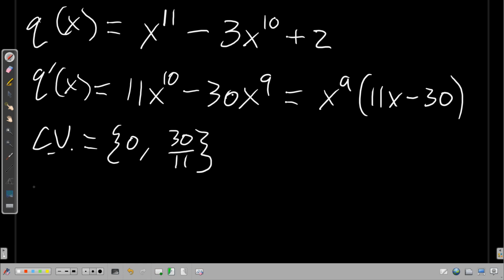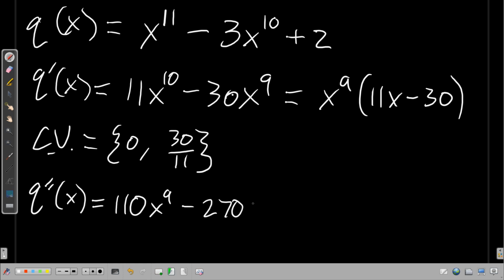Now, if I take a second derivative, I get 110x to the 9th minus 270x to the 8th. And I want to check the sign of each of these critical values in the second derivative, because this will tell me that, so this is a critical value.